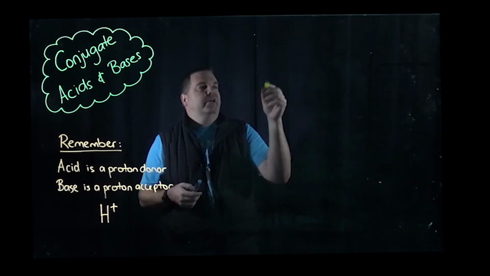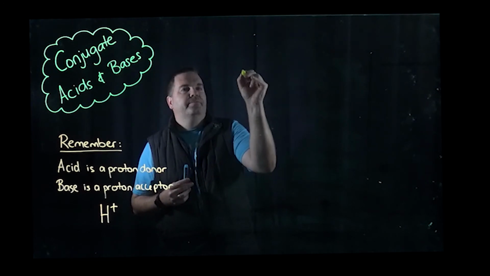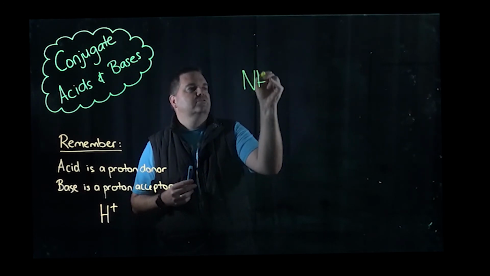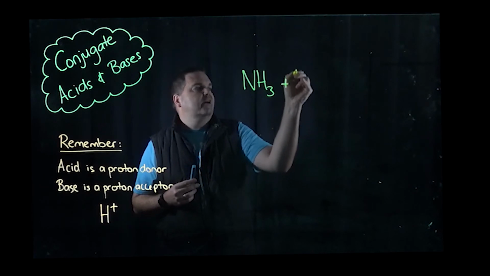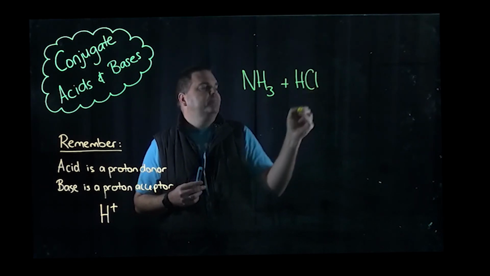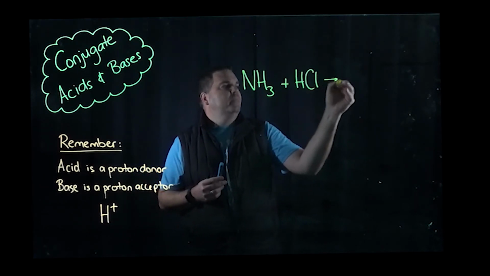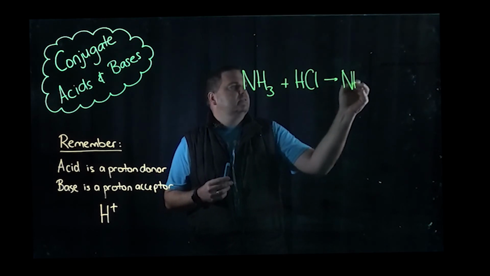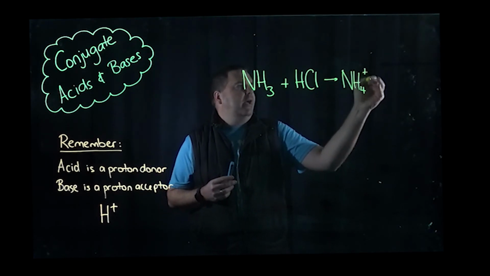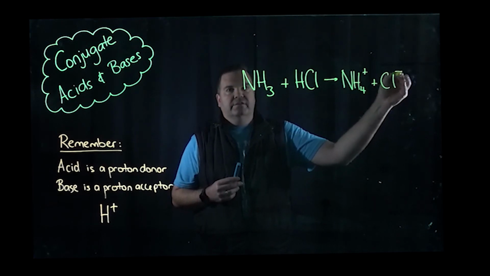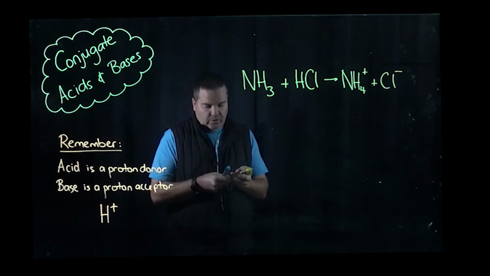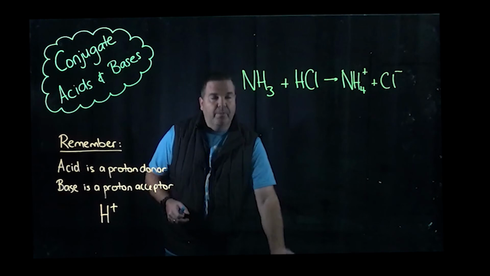So I'm going to do this reaction. I'm going to use ammonia, which is NH3, and I'm going to react that with hydrochloric acid, okay? And what we form is ammonium ions and chloride ions, okay? So we've got NH3, ammonia, which is a base.